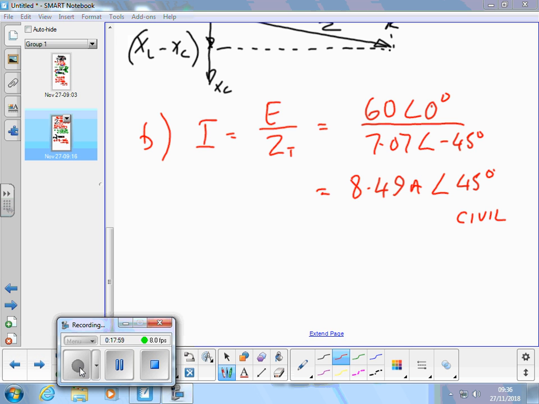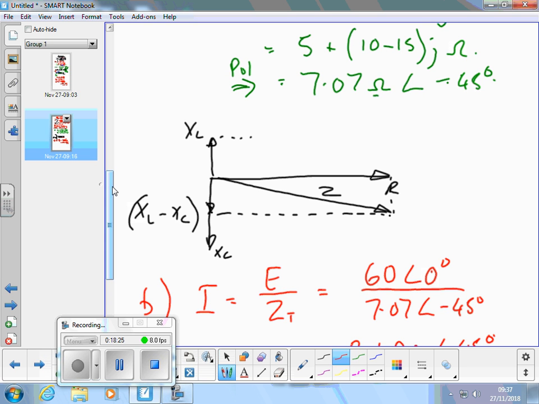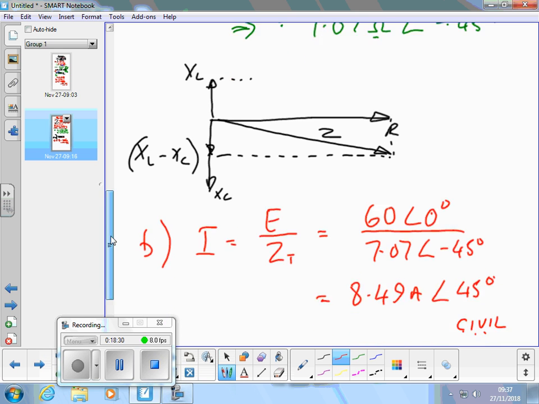So is a leading current correct? Because that's leading, a positive angle. Capacitive circuit, current is ahead of or leads voltage. So that check works, because the capacitance is bigger, overall this circuit's going to look capacitive and have a current that leads the voltage.